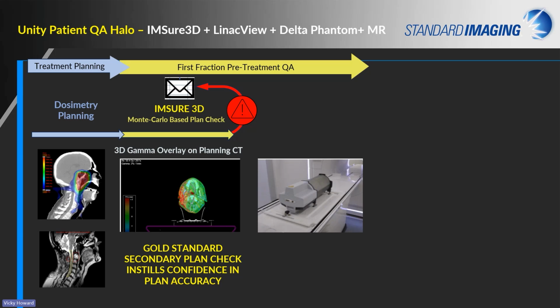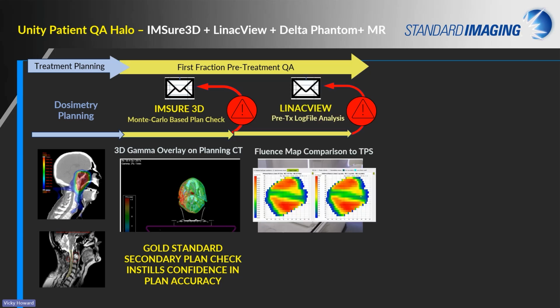For your first fraction, as I mentioned, the Delta 4 can still be used, but at the same time, you can also incorporate our LinacView log file-based analysis solution. So again, this is all automated. As soon as the plan is exported from the treatment planning system, it will grab that and calculate the expected fluence.